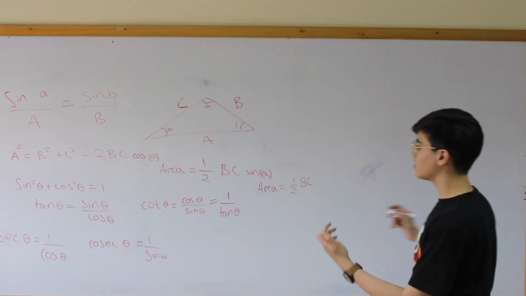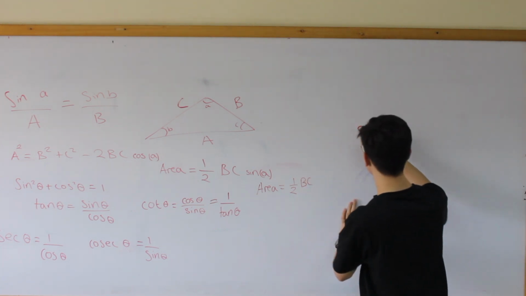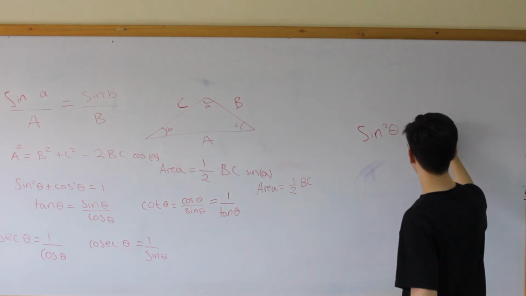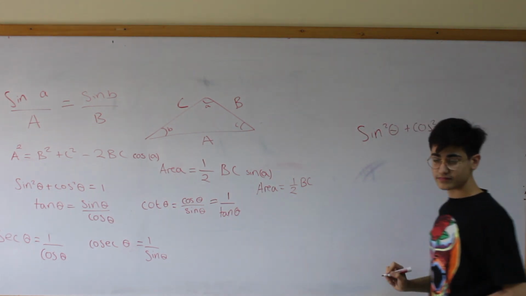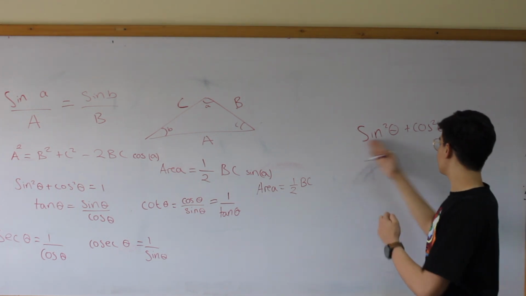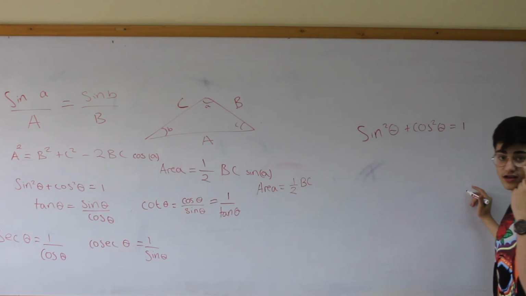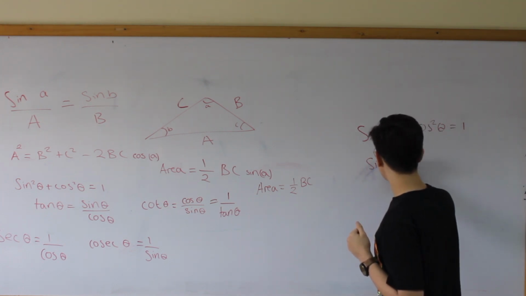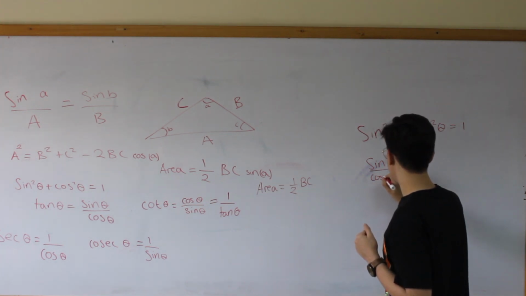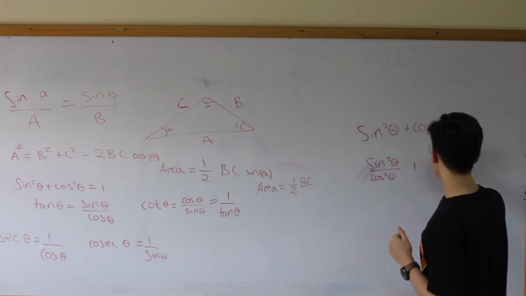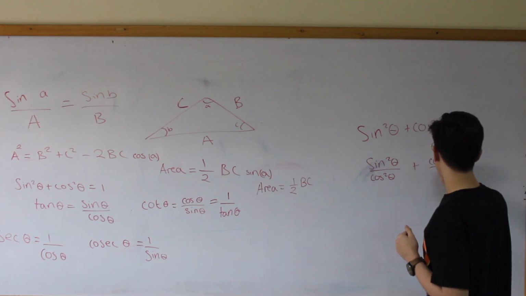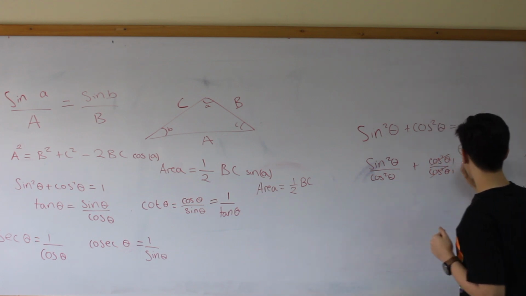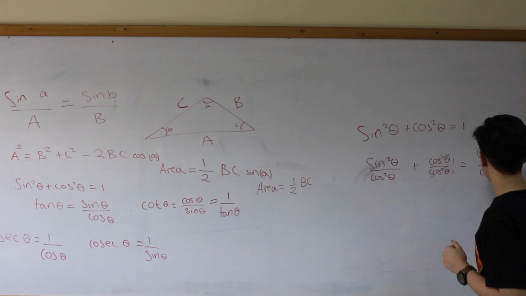And if you've been following along, you can realize we can derive some more formulas from these identities. So let's start with the Pythagorean identity, sine squared of theta plus cos squared of theta equals 1. If we were to divide all of this formula by cos squared of theta, you'd get sine squared of theta over cos squared of theta plus 1 equals 1 over cos squared of theta.